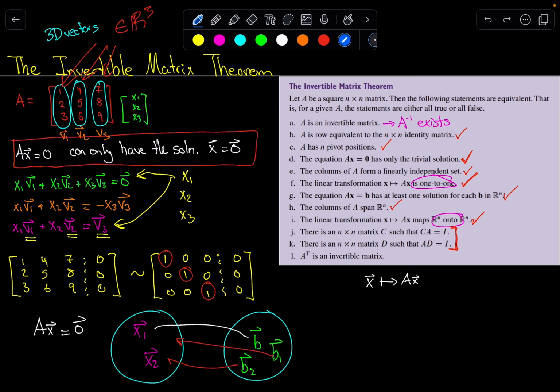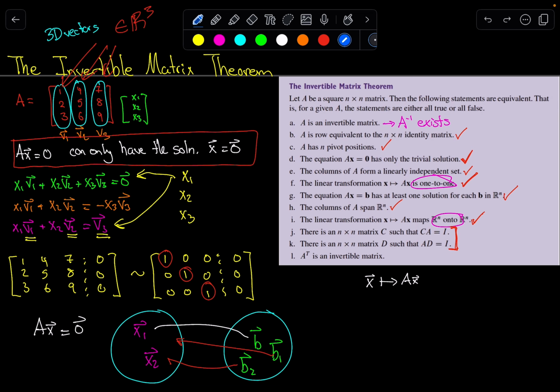So I guess what it's saying is that if you have an n by n matrix and you find some matrix C such that this happens, then immediately you know that an inverse exists. You immediately get all these other conditions, and then you also are immediately going to get this condition as well. It's a little weird, but these two things are obviously equivalent.